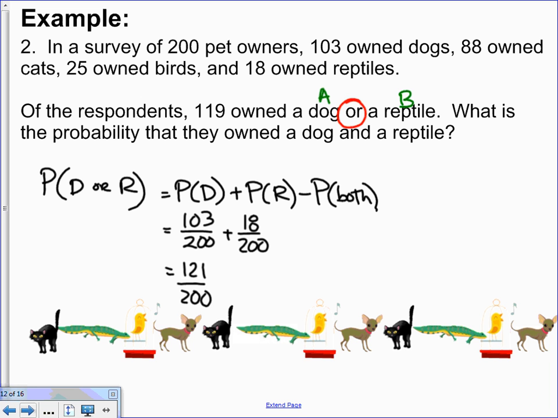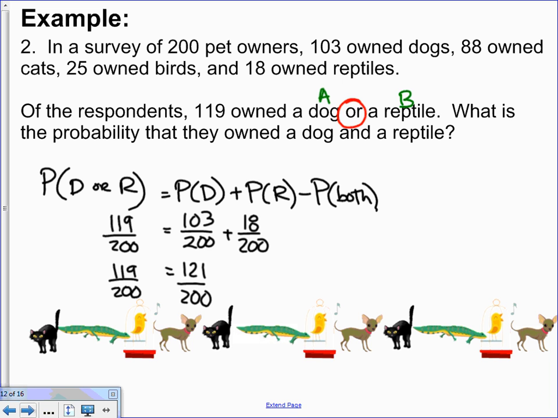Which other one do we know? If you read the problem, it says in the second line there, of the respondents, 119 owned a dog or a reptile. So we could say 119 out of 200 belongs in my or spot, which normally we left blank.